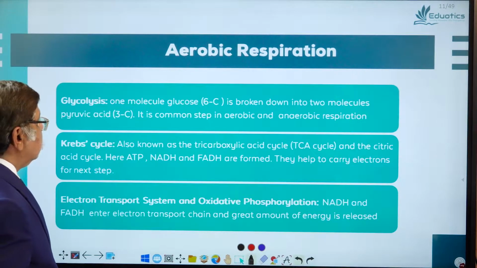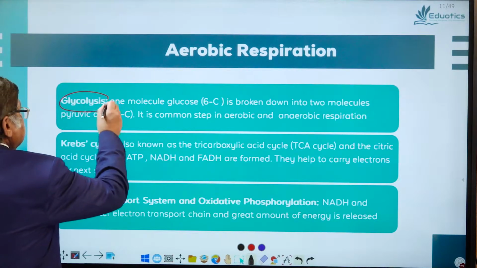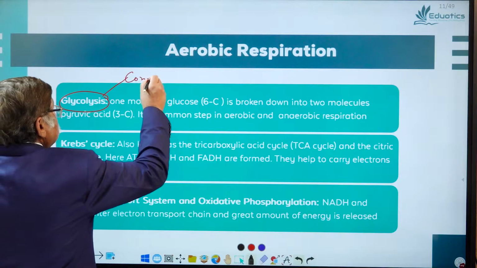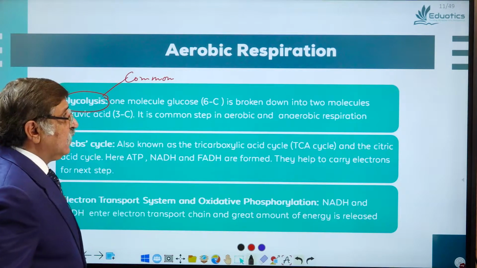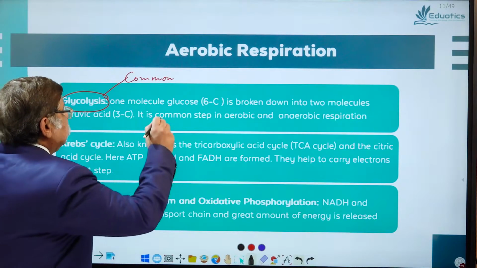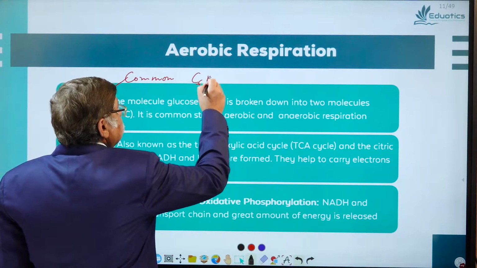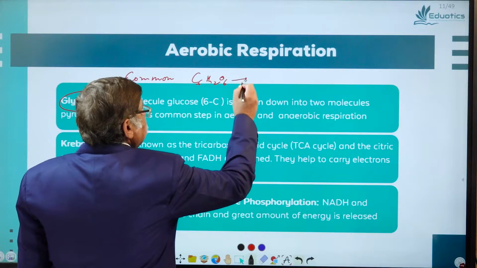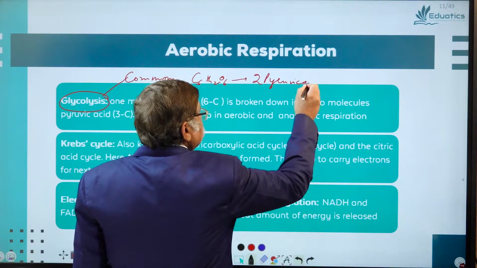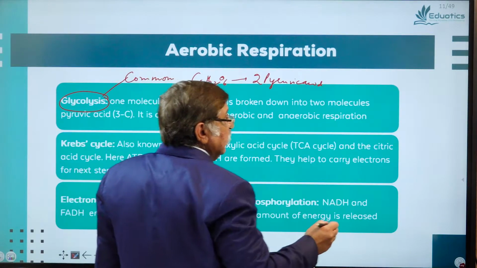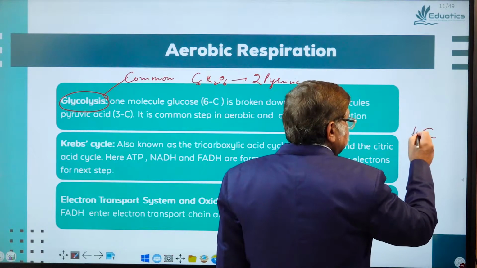Glycolysis. This is a common pathway for both aerobic as well as anaerobic respiration. In this, the glucose molecule is broken into two molecules of pyruvic acid. Pyruvic acid is a keto acid.